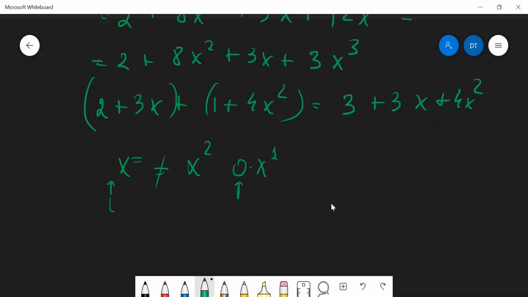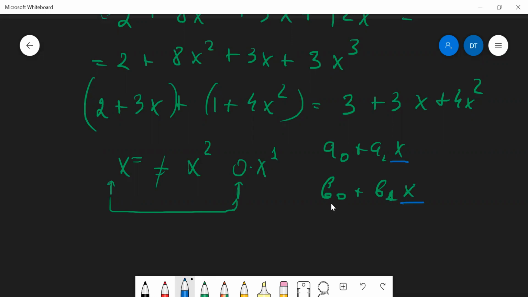You see, these are two different coefficients. That's why the polynomials are different. So you just compare them coefficient-wise. The coefficients near the respective powers of x.